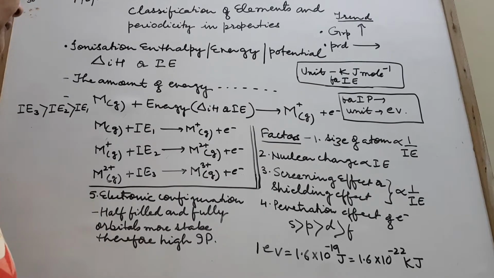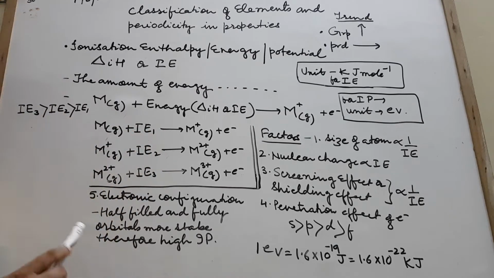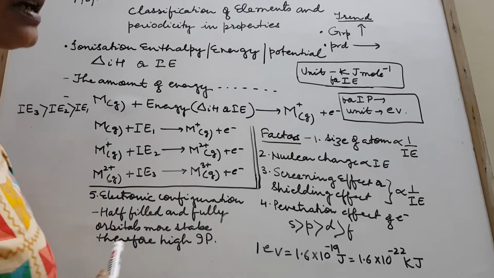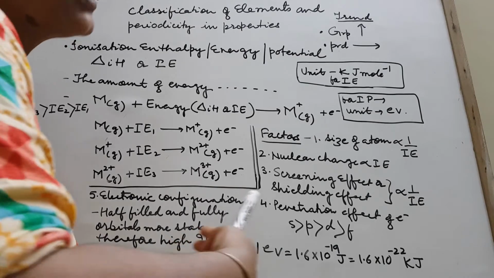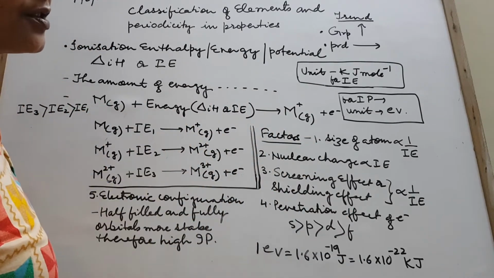So first IP will always be the lowest, because for first IP the first electron which will come out will be the most loosely bound electron. Hence it will require the least energy. The second which will come out will be less loosely bound, means a little more tightly bound as compared to the first one, so naturally more energy is required.